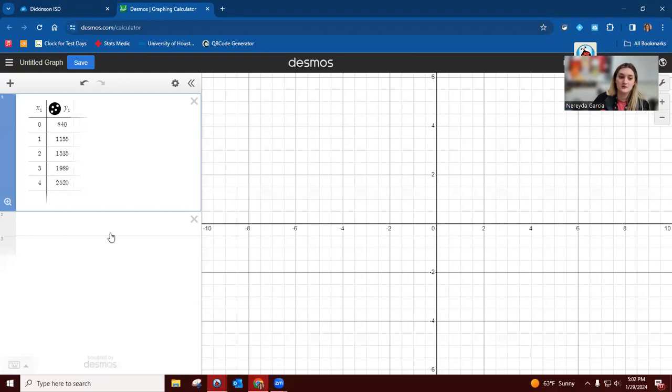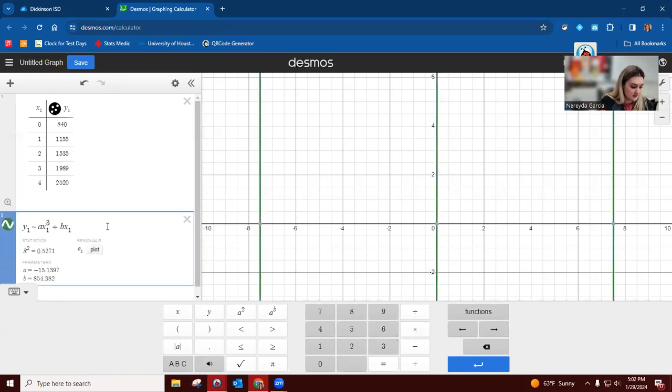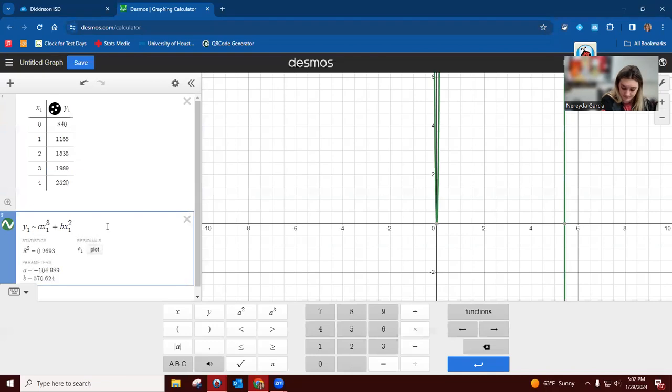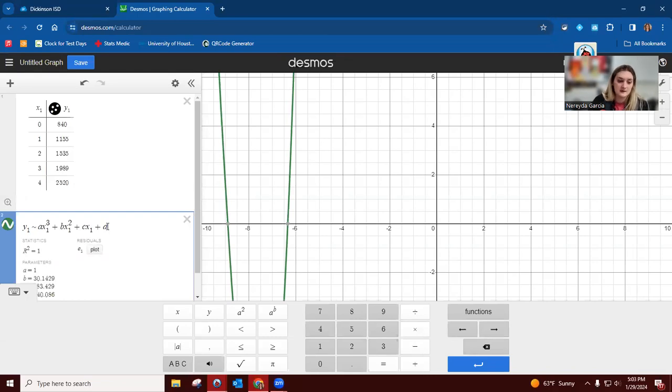So I knew I was cubic, so I can go and run my cubic regression of y1 squiggly ax1 cubed plus bx1 squared plus cx1 plus d. Now, Desmos is so kind, Desmos is so sweet. Desmos will tell me, hey, what's my A, what's my B?